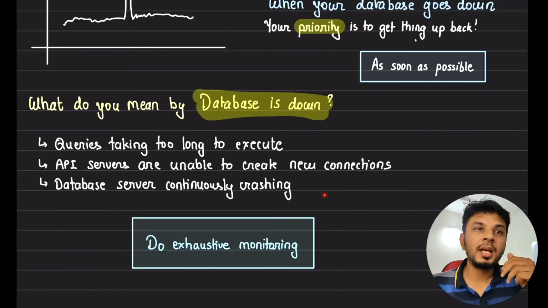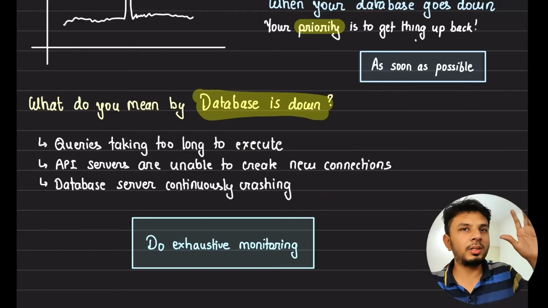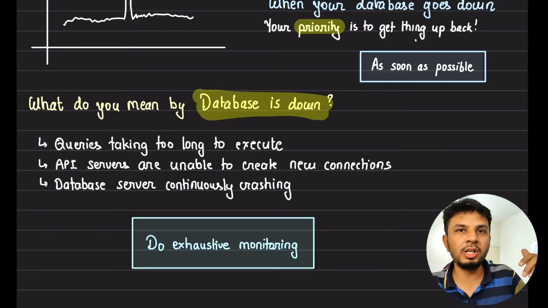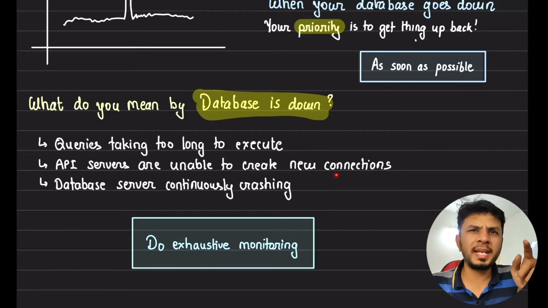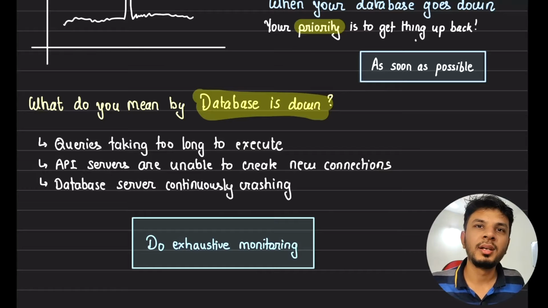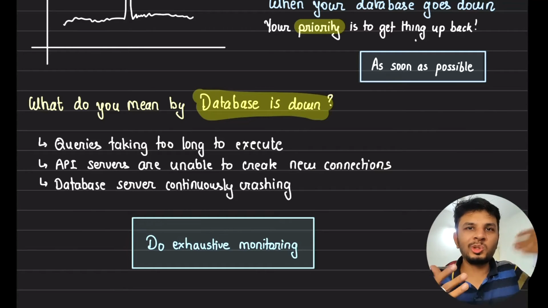The third possible reason is your database server is continuously crashing. You would see that your database is up, but it is constantly crashing, and you can see in the logs what is exactly happening on your database server. You might find it is continuously crashing. This typically happens when the disk is getting full: your database is booting up, but there is no place to store the data.